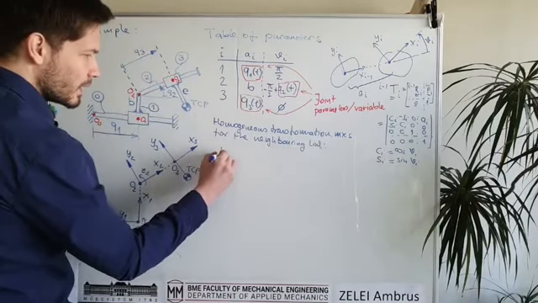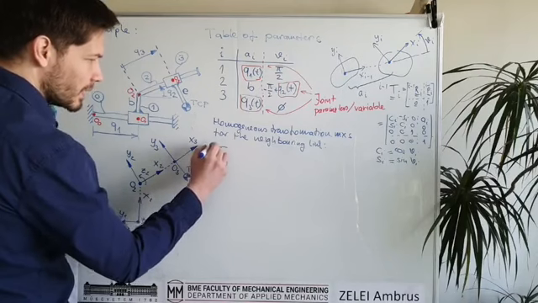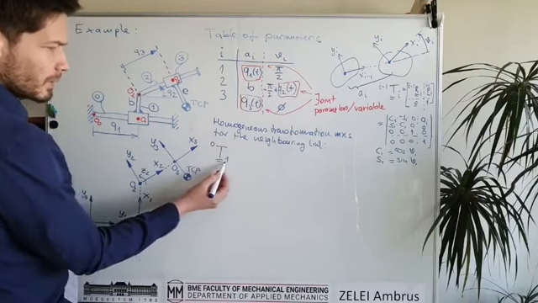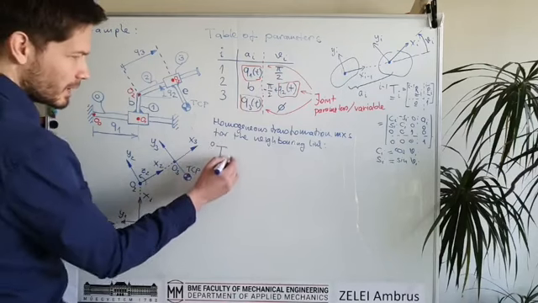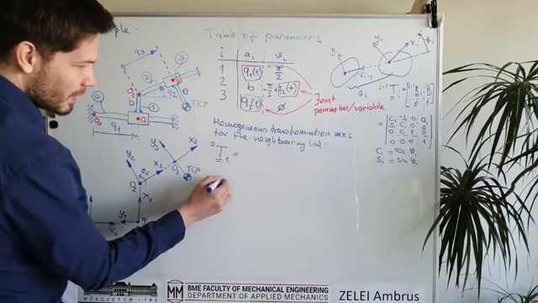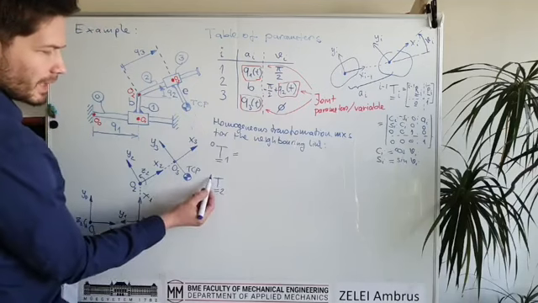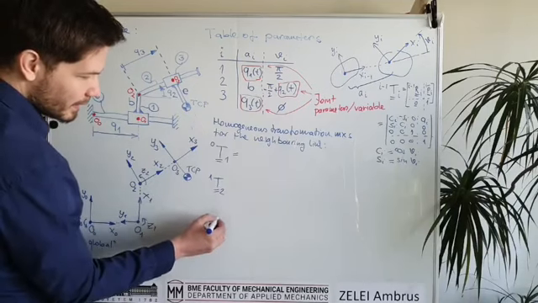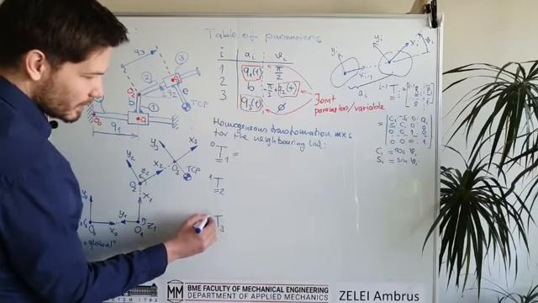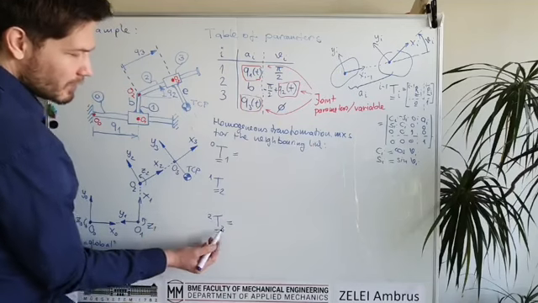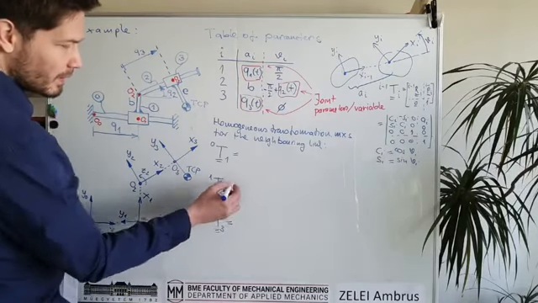Which means that I will have a transformation matrix which transforms from the first to the zeroth coordinate system, and then I will have another one which transforms from the second to the first, and then there will be another transformation matrix which transforms from the third to the second.